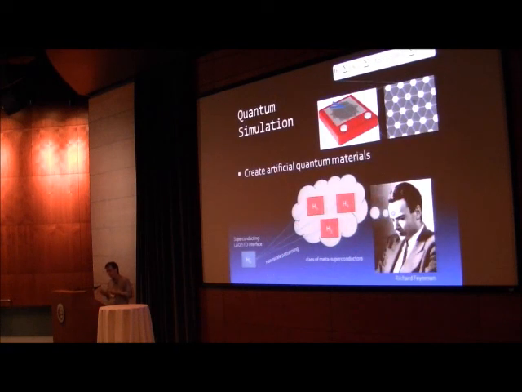Another way in which you can use quantum mechanics is to do something a little bit fuzzier, which is quantum simulation. Here the idea is you have some physical system, maybe interacting electrons. It's very complicated. It's hard to solve, even numerically. It may be possible to map that onto a physical system and let quantum mechanics just run free, without worrying about ones and zeros, and try to get information about that system. So the idea is that you can start with some general system and perturb it in certain ways.